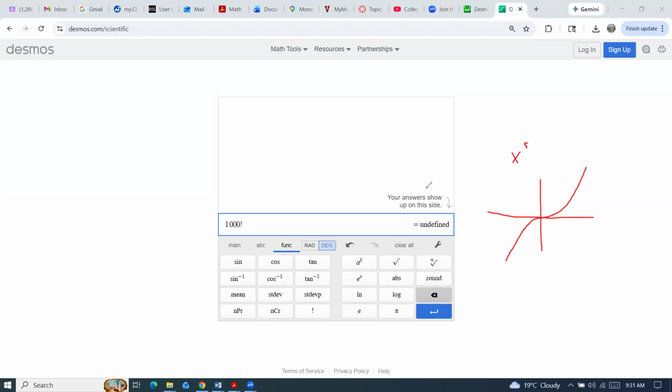But if you put in, use another color, let's say 5 to the power of x, that will go way faster.